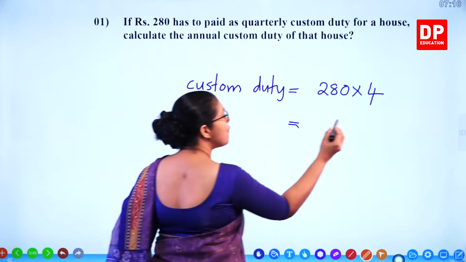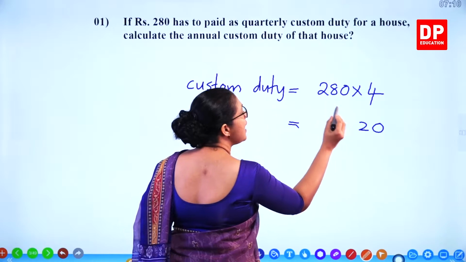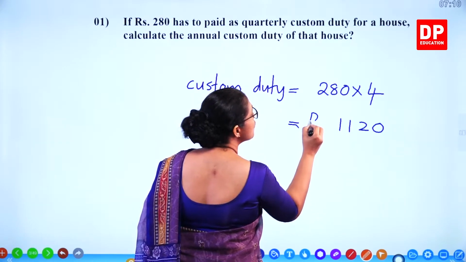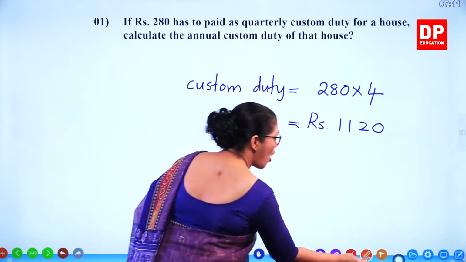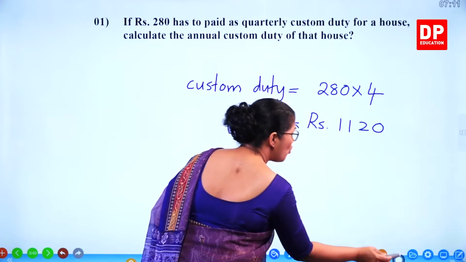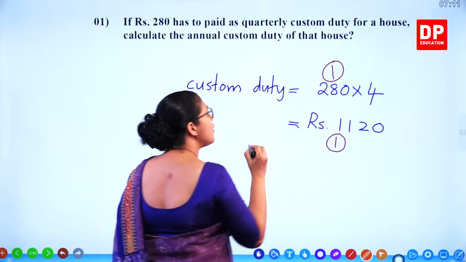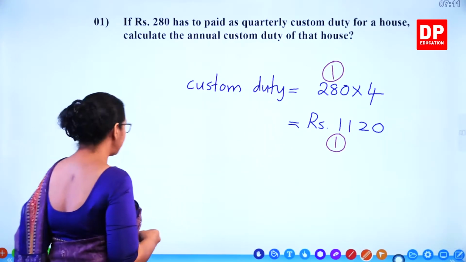So multiply by 4, 0, 32 and 8 plus 3, 11. So 1120. So how many marks? Just 2 marks. So you get 2 marks, 1 for the method and 1 for the accuracy.